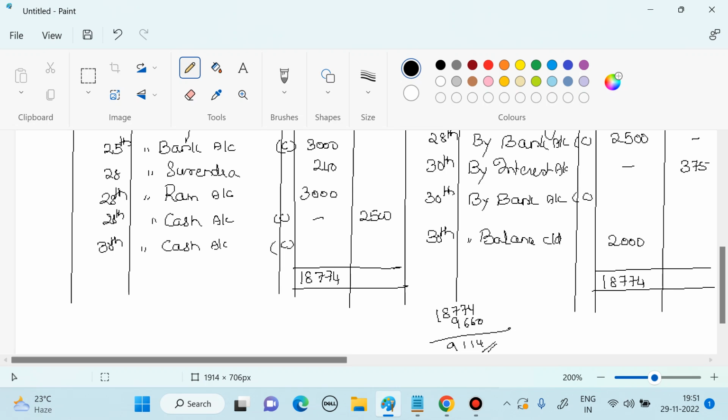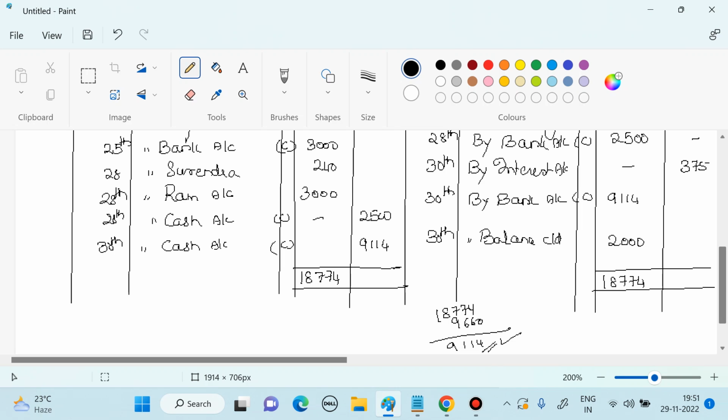So the contra entry that I said we are going to pass is for 9,114: bank account in the cash column, cash account in the bank column. After doing that, you find the total of the bank column and see which side the balance is on. It can be on either side. For bank there can be a favorable balance or an overdraft.